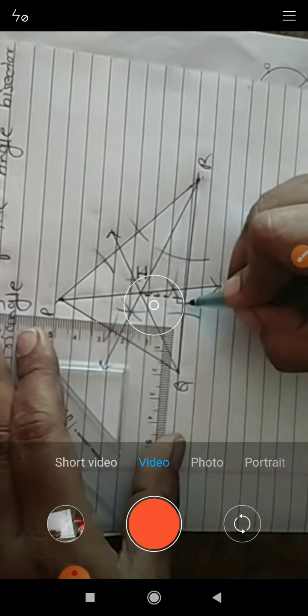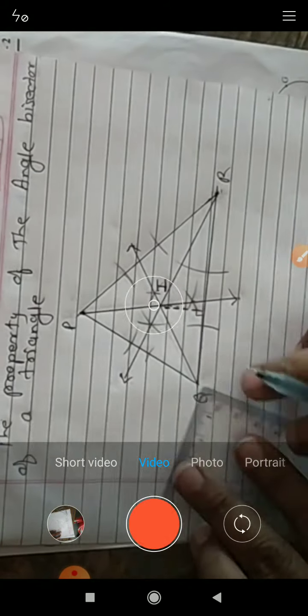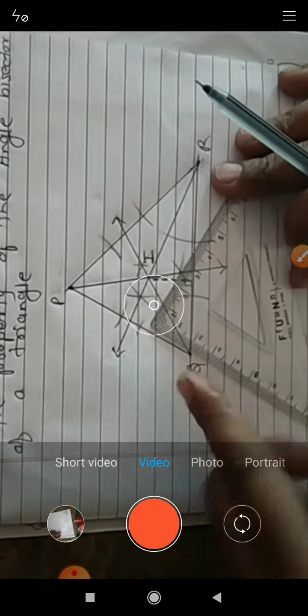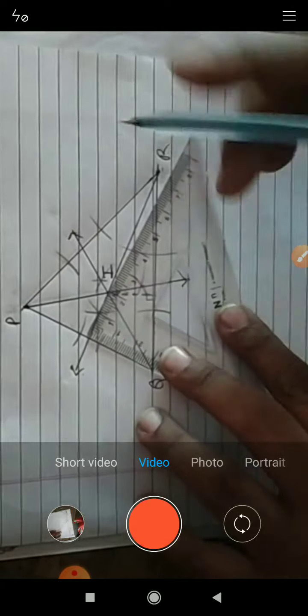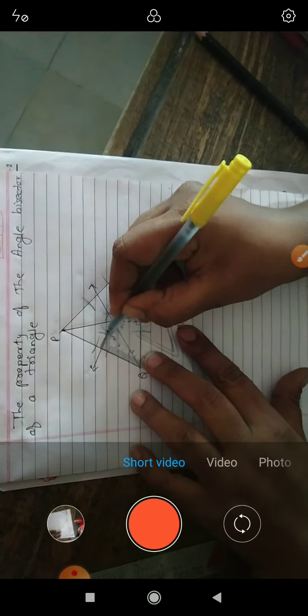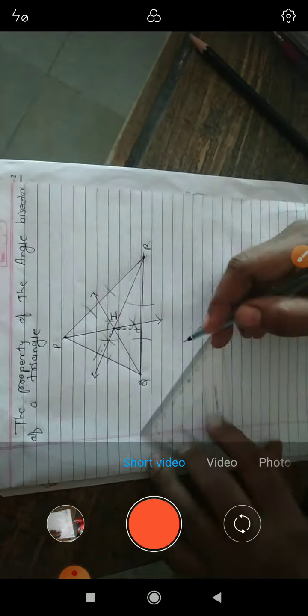I am drawing the dotted line here. Okay, and this is the perpendicular. Then from this point we have to draw the altitude on PQ. For that, the same steps: adjust one side with the triangle side, and hold another side on point I. Okay, so this is the altitude on side PQ.